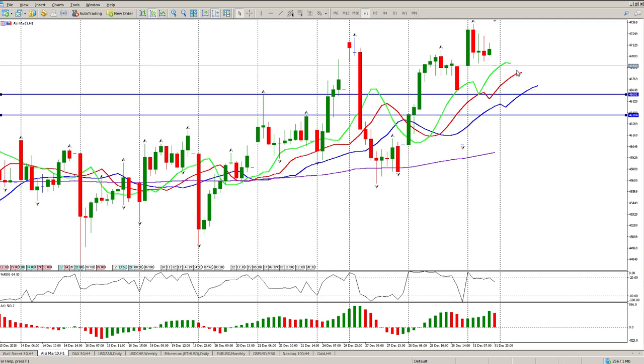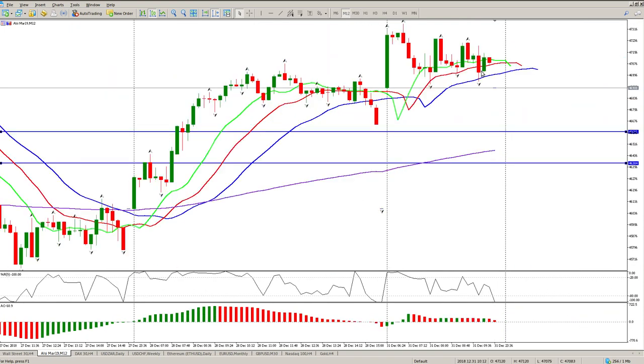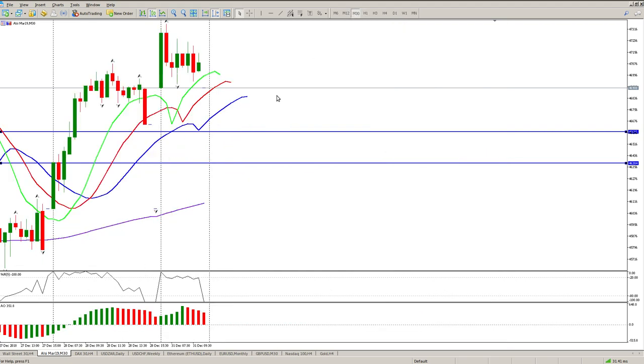So what I would rather do is come down to a lower time frame, watch price action, and then look for a level to be tagged. So this is the first level, 46,600, and then let's take this off.